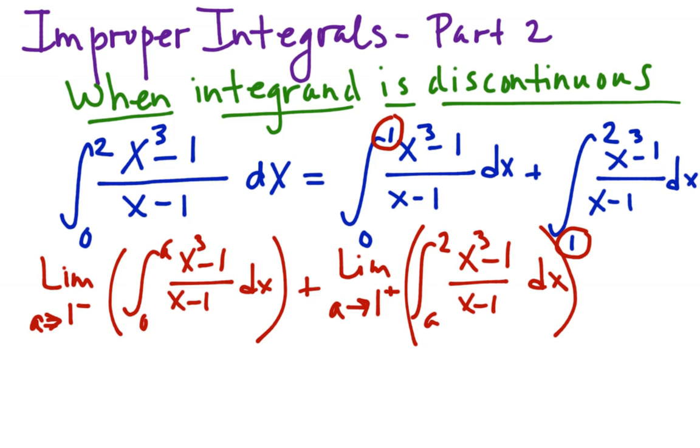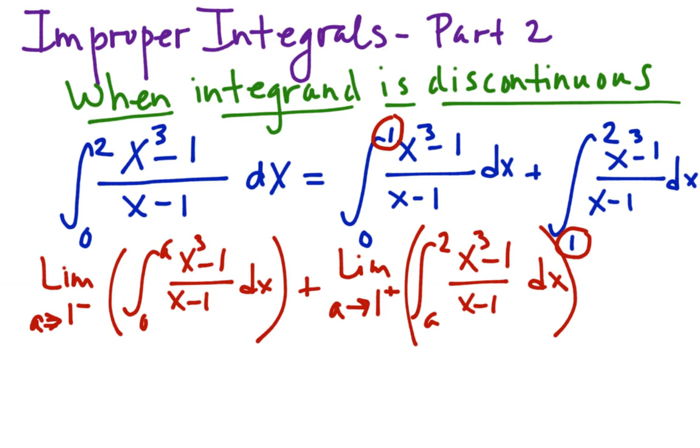Now, as long as I have a limit that is valid, 0 and a and 2, I can use direct substitution, right? I'm not going to get a 0 in the denominator. And I can also factor and eliminate that common factor, which, if I remember the difference of 2 cubes, I can factor that x cubed minus 1.